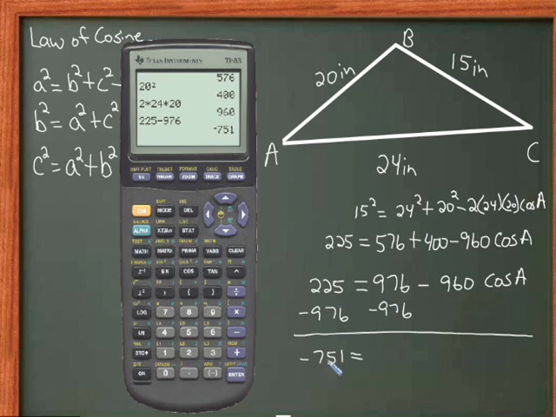So negative 751 is equal to, these two cancel out, negative 960 cosine of A. Then you divide through by negative 960 on both sides. So negative 751 divided by negative 960.